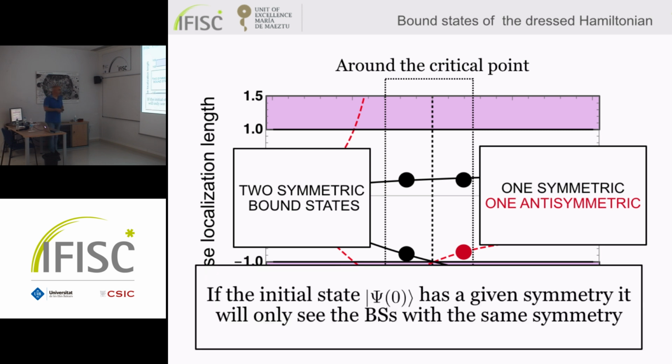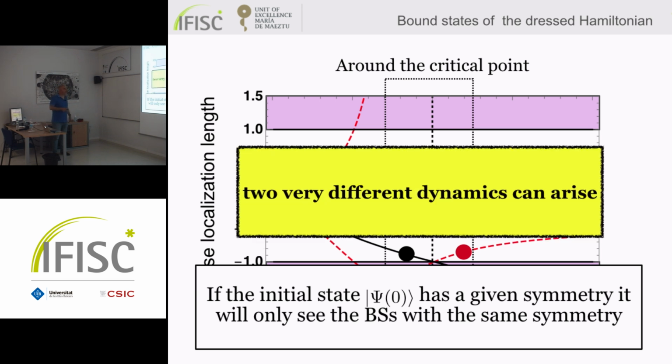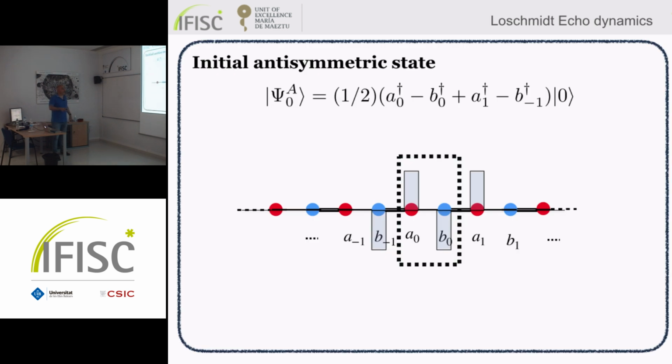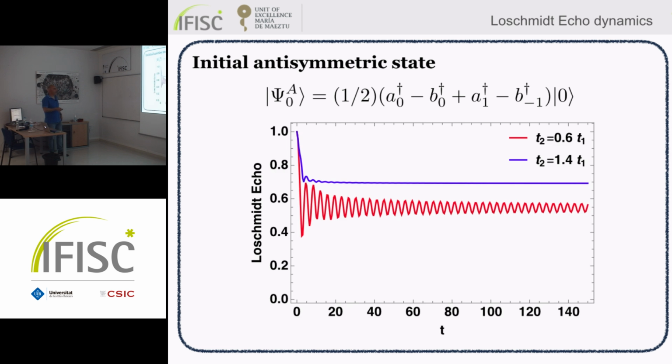So depending on the initial state, you can choose the number of bound states you want to see. And because of this, you can have two very different dynamics. For instance, this is an antisymmetric initial state, which can be written this way. If you study the dynamics of this state, you find something like this. In one of the phases, you have a strong oscillation.